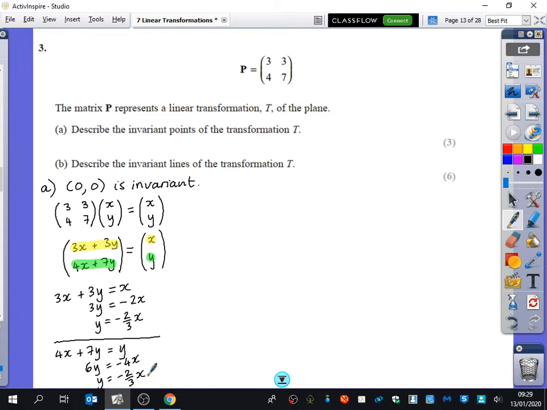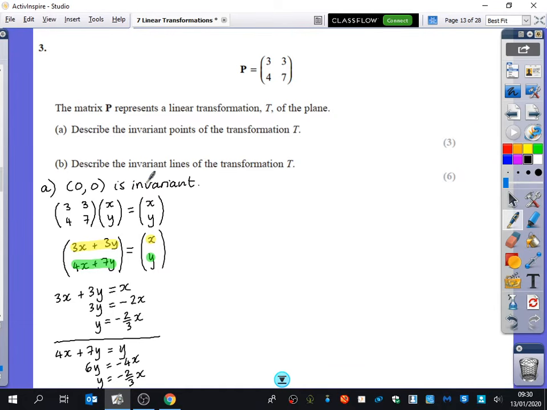So what's that telling me? That doesn't seem to have told me an invariant point, does it? So what are the invariant points? Now that we know the origin is invariant, what other things are invariant here? That line. Yeah, any point on the line y equals minus 2 over 3x is invariant.